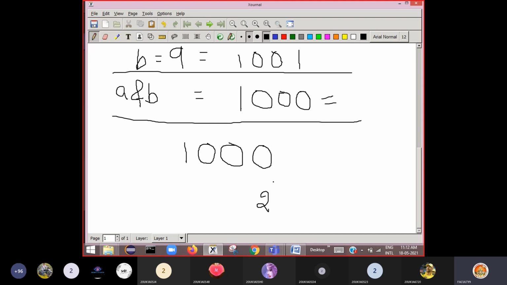So the first digit is multiplied with 2 power 0, and you write increasing powers of 2 from right to left. This is 2 power 1, this will become 2 power 2, and this will become 2 power 3. So each digit you multiply with the powers of 2.